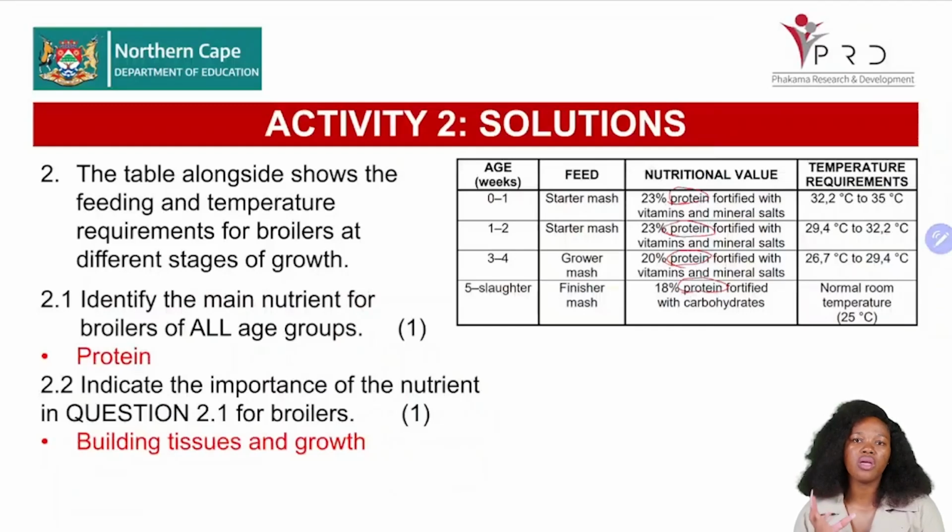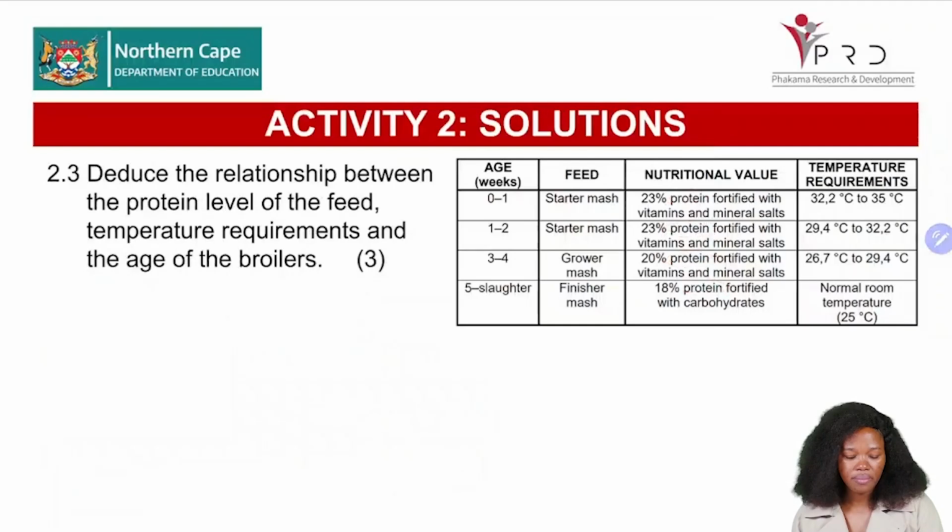And for repairing worn out tissues. So we need to add those functions, not only to build, but also to repair worn out tissues. Remember, broilers are chickens that are raised to produce meat.